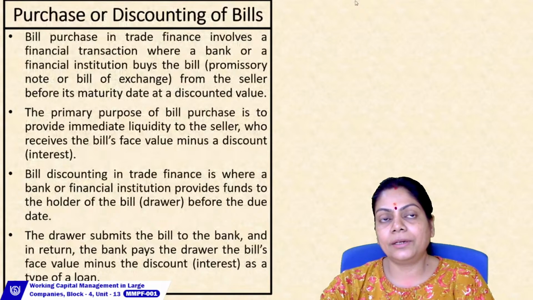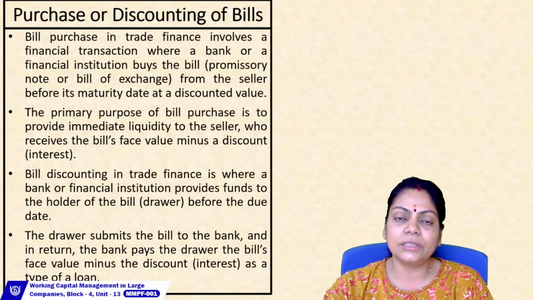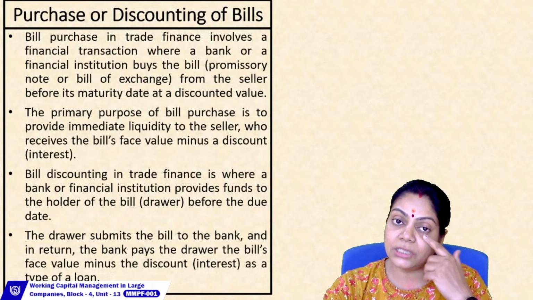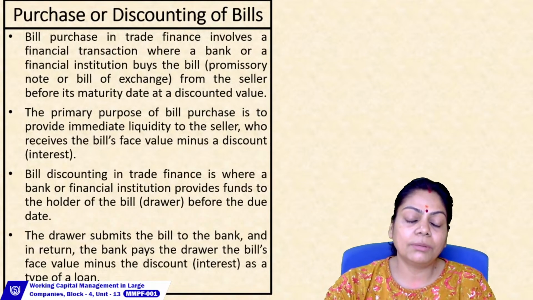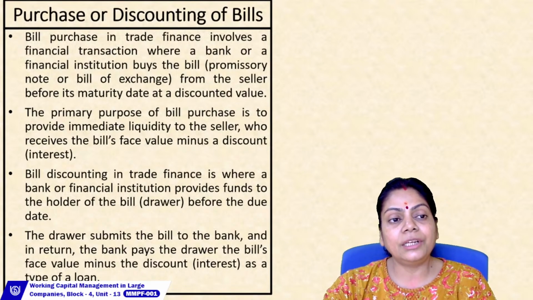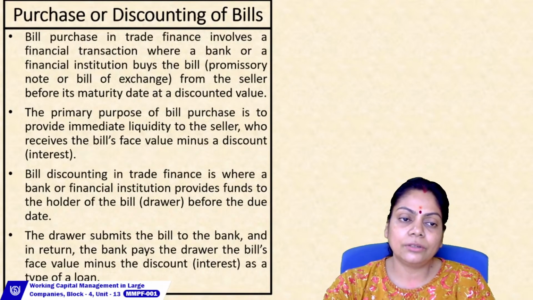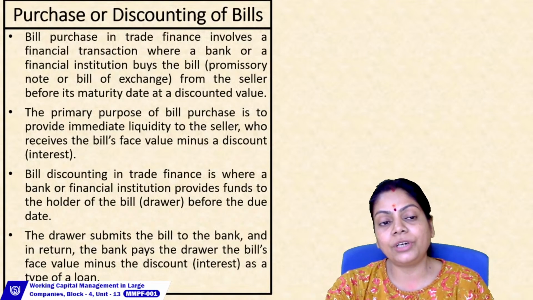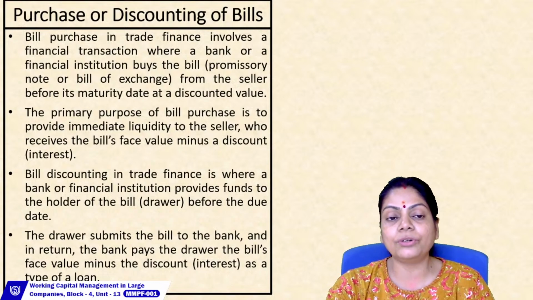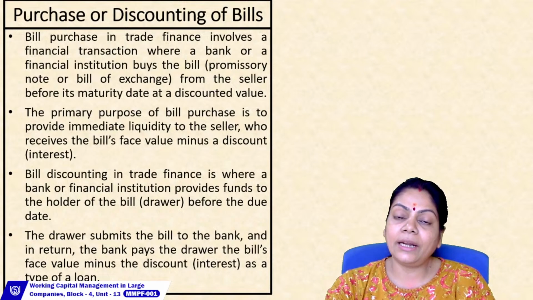Now there is another method called the purchase or discounting of bills. Basically, we know it by the name of discounting of bills. Now, bill purchase in trade finance involves a transaction where the bank or the institution buys the bill, or basically the invoice which has been converted into a bill, or a promissory note, from the seller before its maturity date at a discounted value.